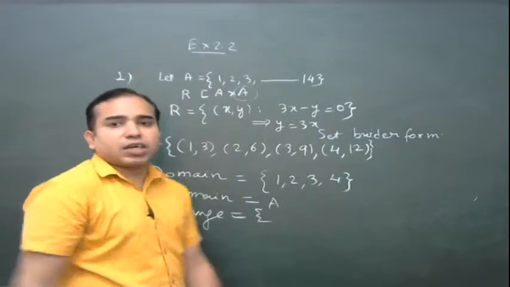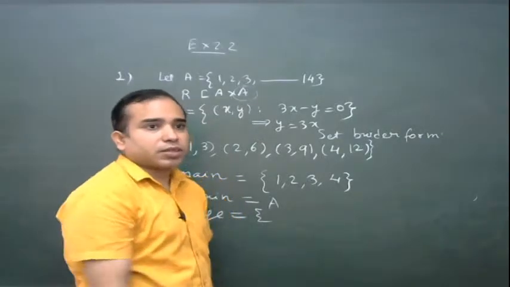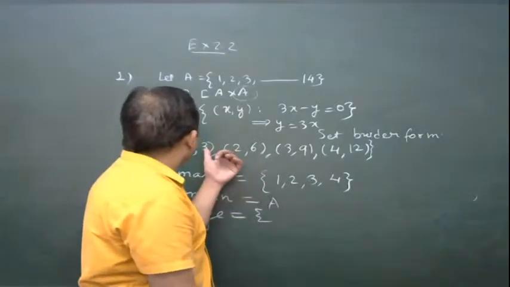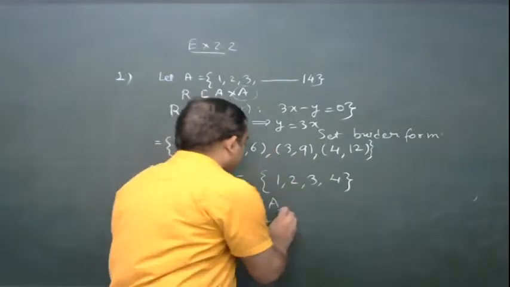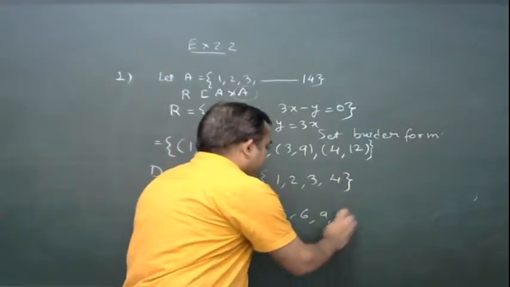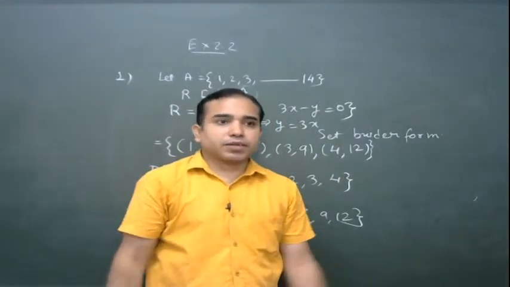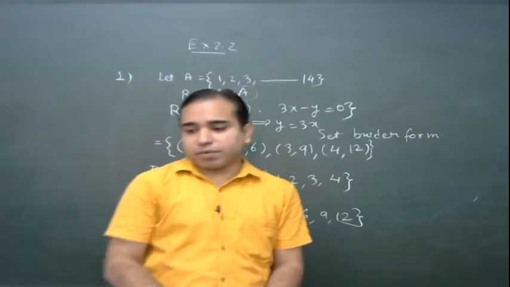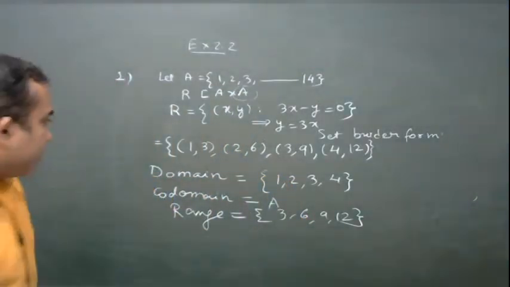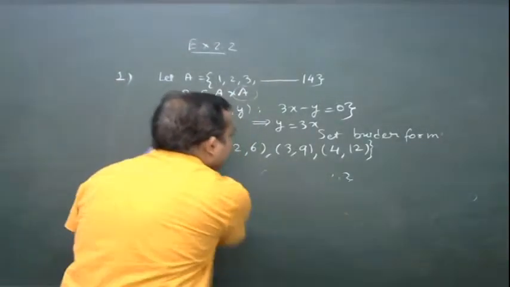Range means the second elements. Second elements are 3, 6, 9, 12. Isn't it correct? Right, students? I hope this is complete.